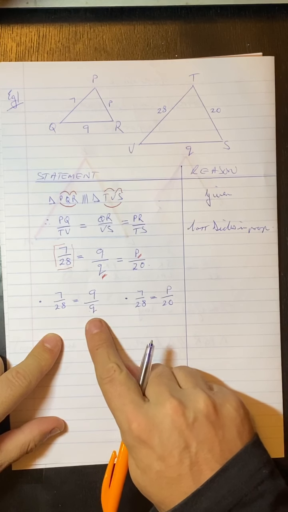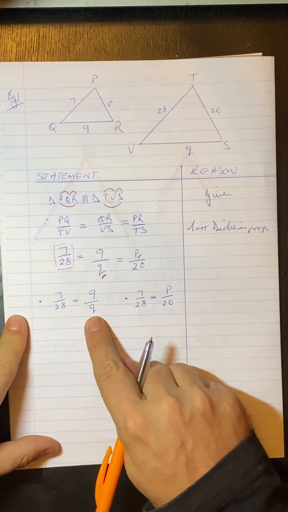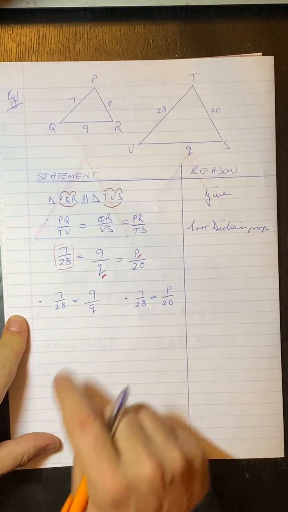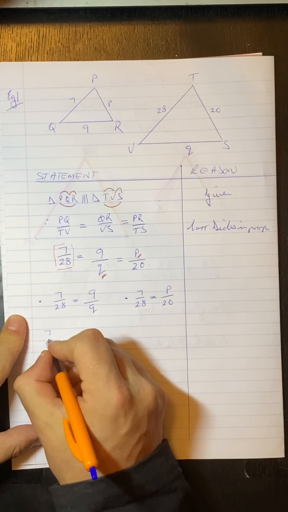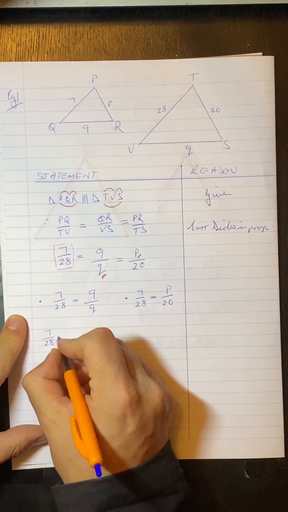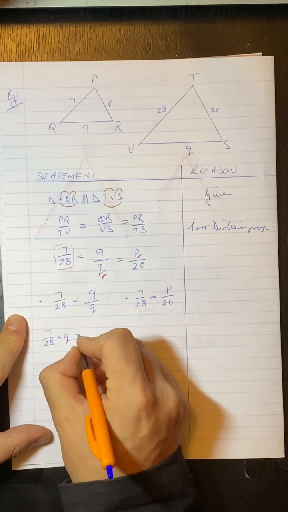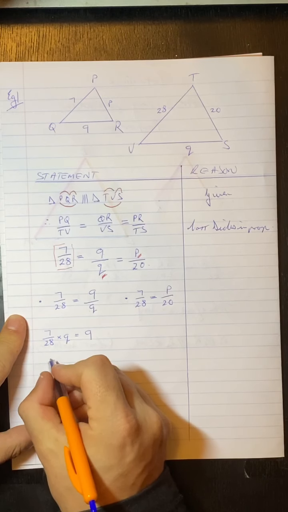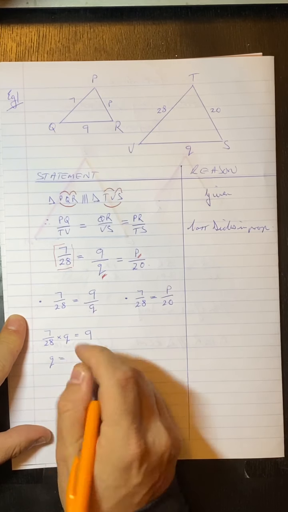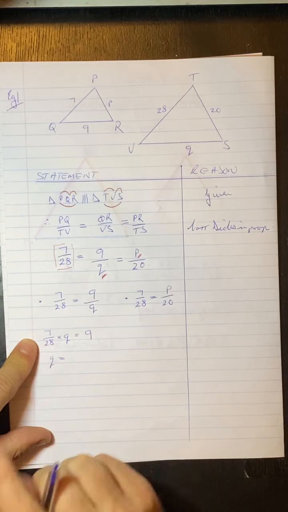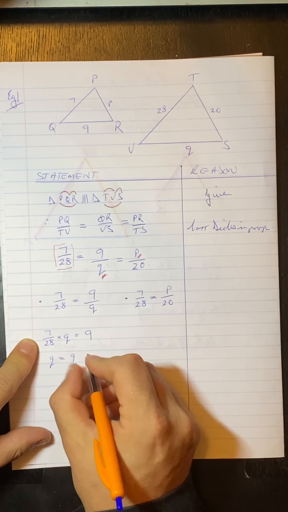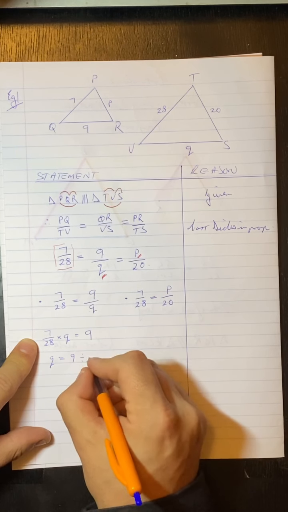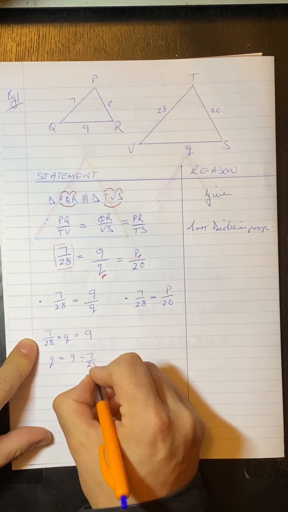So for this first one here, I'm going to multiply up by Q. Okay, so we get 7 over 28 multiplied by Q equals 9. What I'm going to do now to get the Q on its own is I'm going to divide both sides by the 7 over 28. So we get 9 divided by 7 over 28.